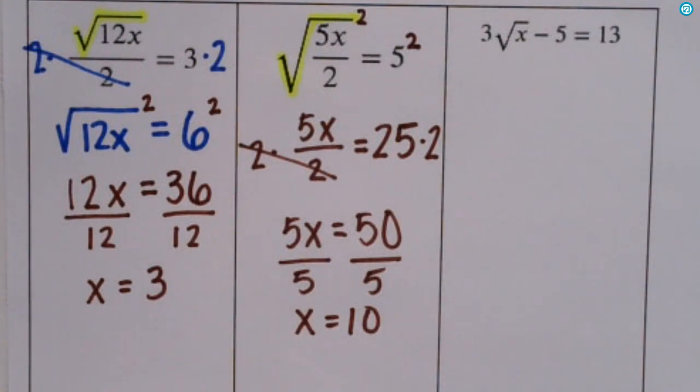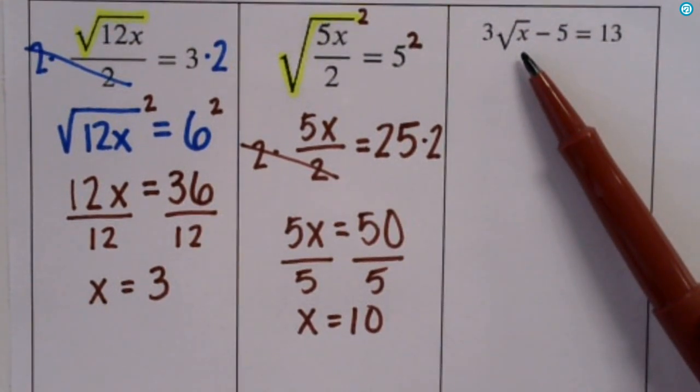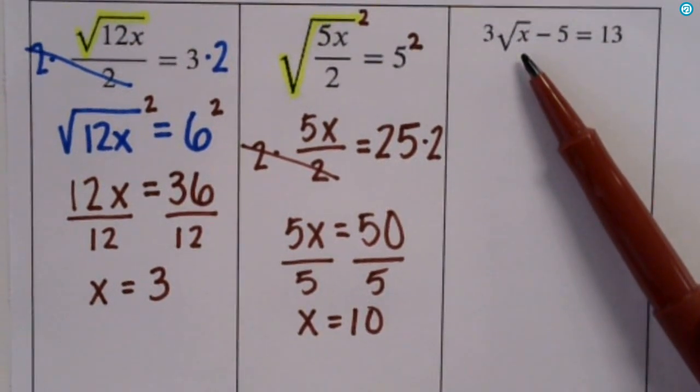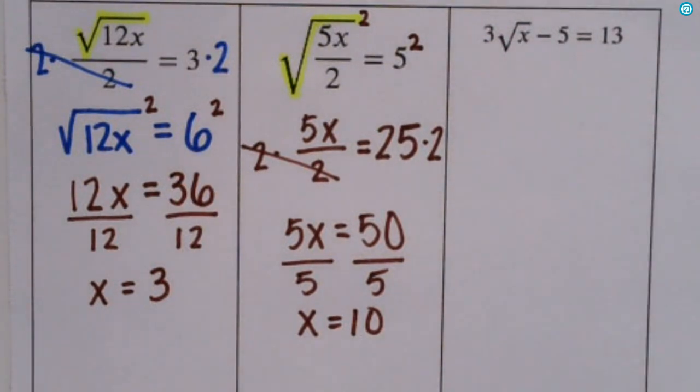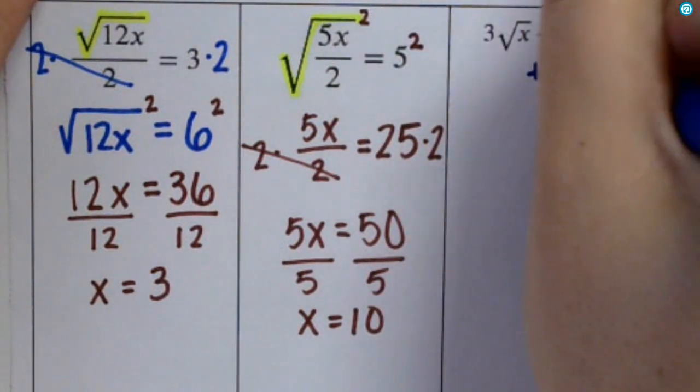Okay. Last one then. What is inside that square root there? Just the x. So that means I need to get rid of everything else before I can square both sides. So we're going to start by adding 5 to both sides. We're solving it just like a normal equation.